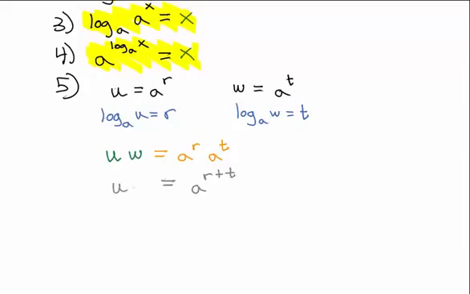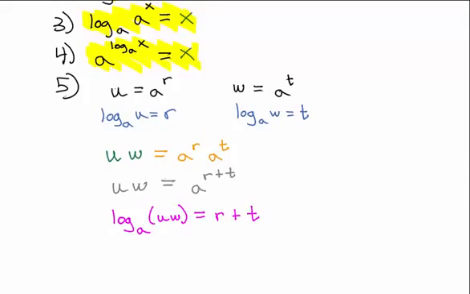So u times w is equal to a to the r plus t. Let's rewrite this as a logarithm property. If we wrote this as a log, the base you see is a, and uw is what's inside the log, and it will equal the exponent r plus t.